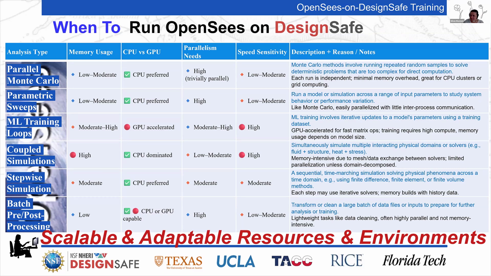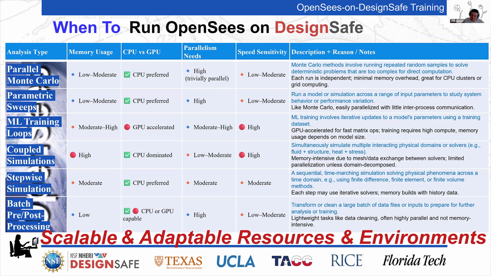Now, in my days, life was simple, and we just scaled up different types of models. But the big applications these days with OpenSees, and it's really cool because now it's no longer just about OpenSees, it's OpenSees as a tool in your workflow. And that's why it works really well in DesignSafe. Let's say you're doing Monte Carlo analyses, right? Where you've got some sort of random samples, you've got a distribution on that, and you're trying to run a lot of analyses that are independent of each other.